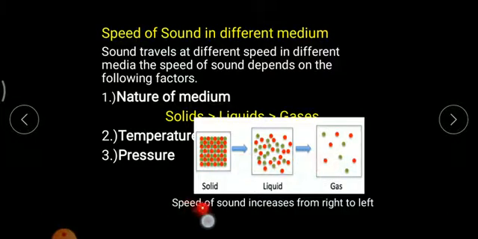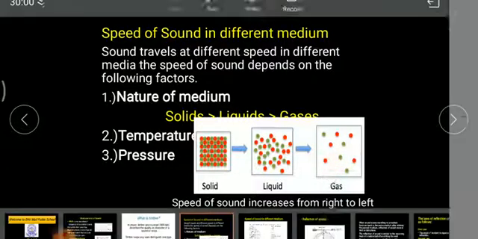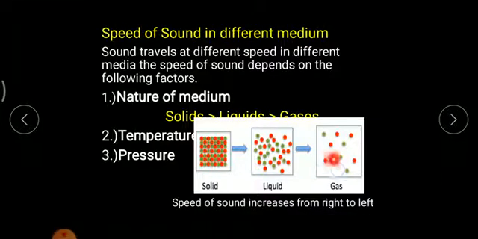So the speed of sound increases from right to left. If there is a gaseous substance, the speed of sound would be somewhat less. When sound travels from gaseous to liquid, it will travel faster, and when traveling in solid material, it will travel fastest.